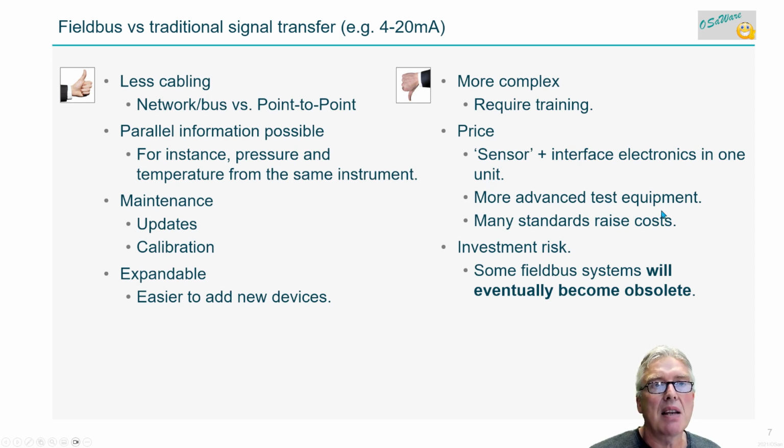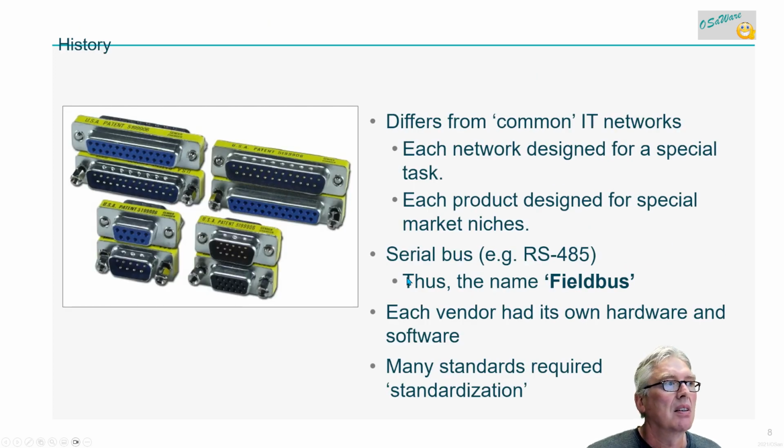To test this you need more advanced tests, you need computers to test the field bus. Of course, in an Ethernet network you could just use Wireshark and connect into the network. And then there's a lot of standards. Again, maybe OPC UA will prevail here. And hopefully some of these field buses will eventually become obsolete, and the bad ones are the ones that are going to leave. It's the history.